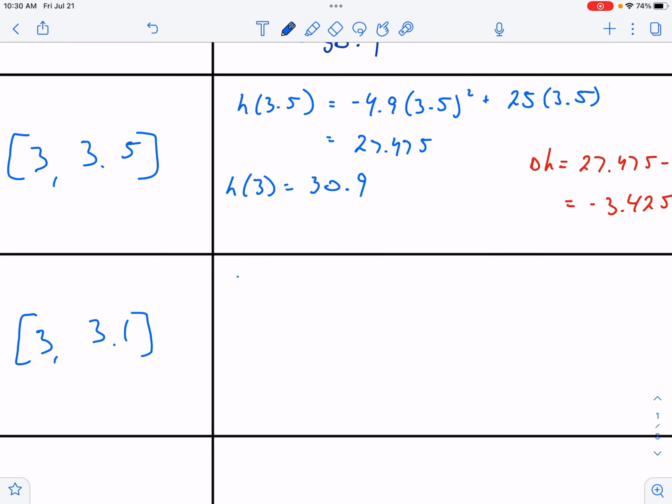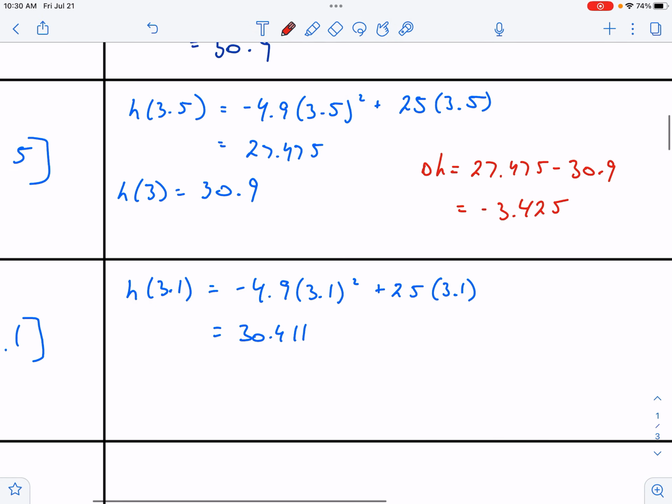Substitute 3.1 in. Negative 4.9 times 3.1 squared plus 25 times 3.1, and this is going to be 30.411. We have our h of 3 from before, so our delta h will be 30.411 take away 30.9, which is negative 0.489.